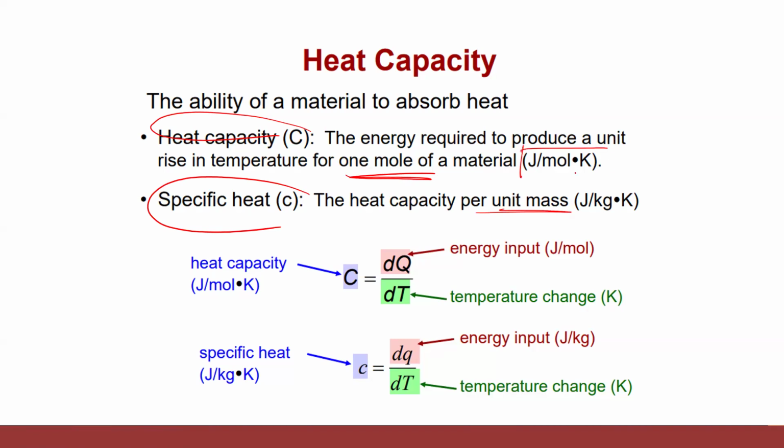So if you look at the units, one is joules per mole per Kelvin, the other is joules per kilogram per Kelvin. So the difference is that one is for 1 mole and the other is for 1 kilogram. Are we okay? Any questions? No questions? We may use these equations in solving questions, okay?